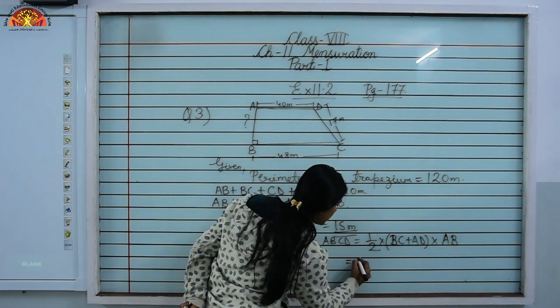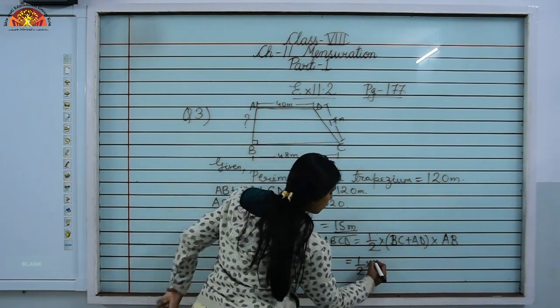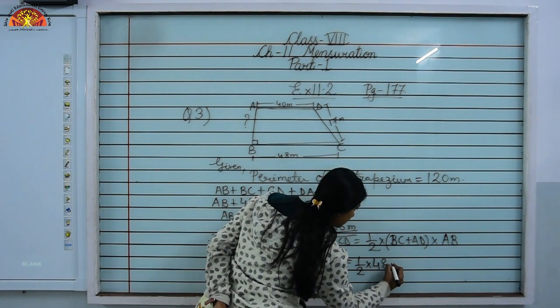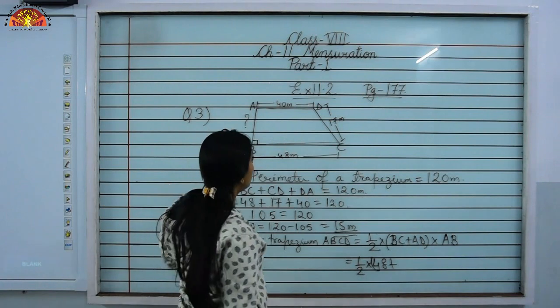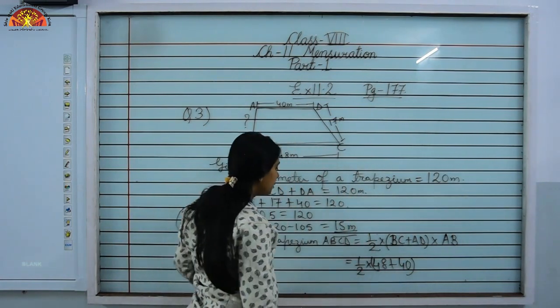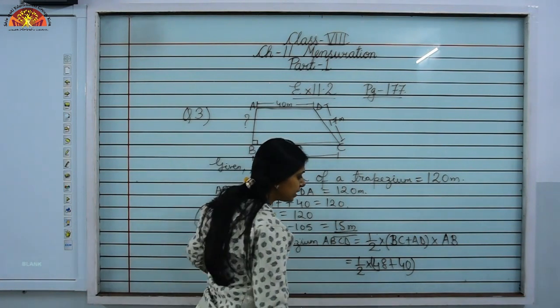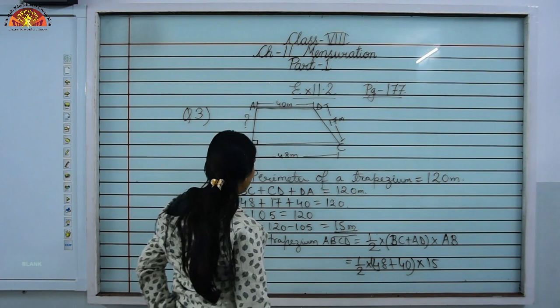So now you can just substitute the values. Half into, what is BC? It is 48 plus, what is the value of AD? It is 40 into AB, which is 15 meters, that you have found just now, into 15. Now you can simplify.